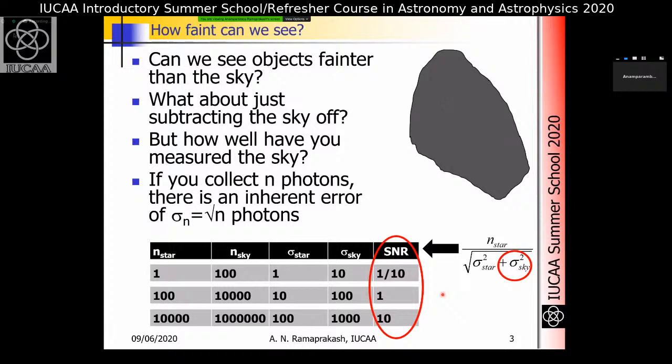Today we will talk about the finest details you can see when you are looking through a telescope into the sky at celestial objects, what puts limitations on that, how astronomers overcome those limitations, and how to quantify the errors which come from those limitations. That's the first target.